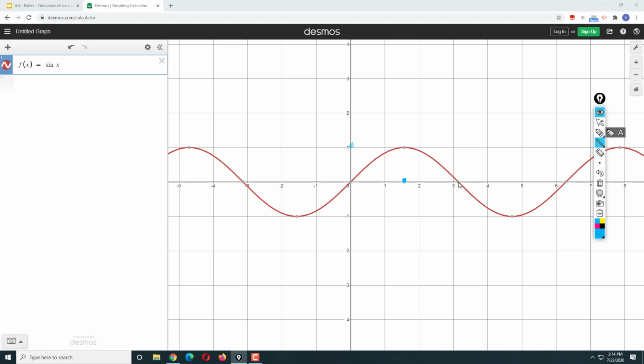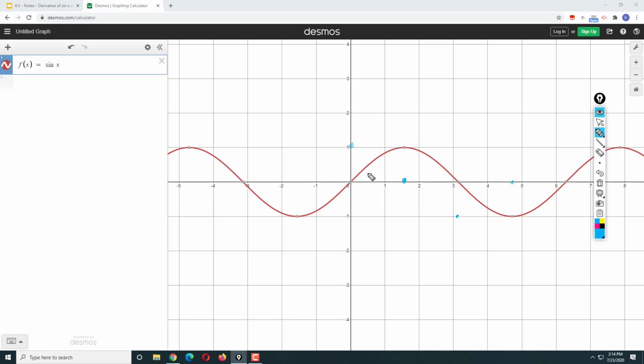Similarly, at x equals pi, we can see that the slope is roughly negative 1. In fact, it's exactly negative 1. So the slope at x equals pi, f prime of x, is negative 1. And here, the slope is 0 again.